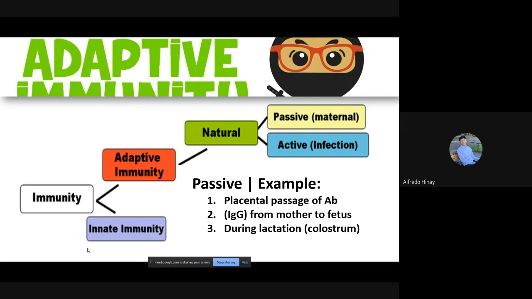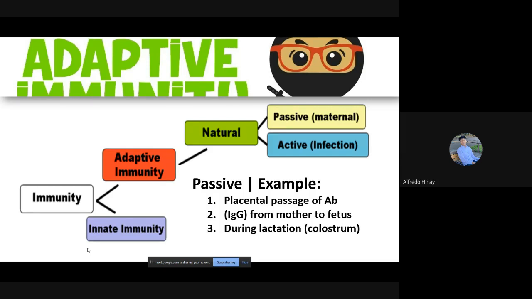Okay, so this one naman, pwede siyang tung bata ka, tung nagdede sa mother, then therefore, there is a passive. Pag sinabing passive, di ba, pag active will be infection. Pag passive, kay dili siya infection. So other ways, so for example, maternal.